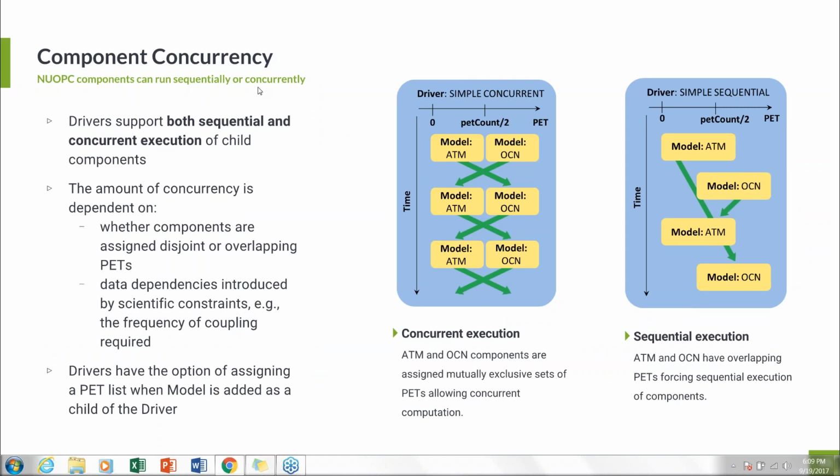Concurrency is supported in NUOPC. This is done by making sure that you assign disjoint sets of pets to the components controlled by the driver. So this picture on the left is an example of concurrent execution of atmosphere and ocean. In the case where you have some overlapping pets, that will force the run sequence to be sequential.